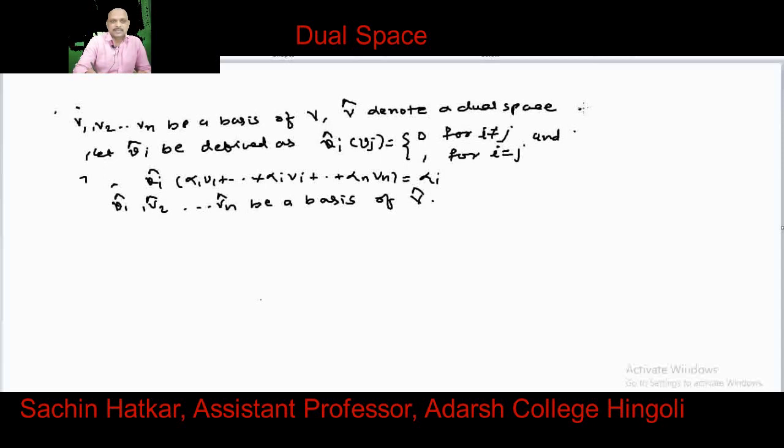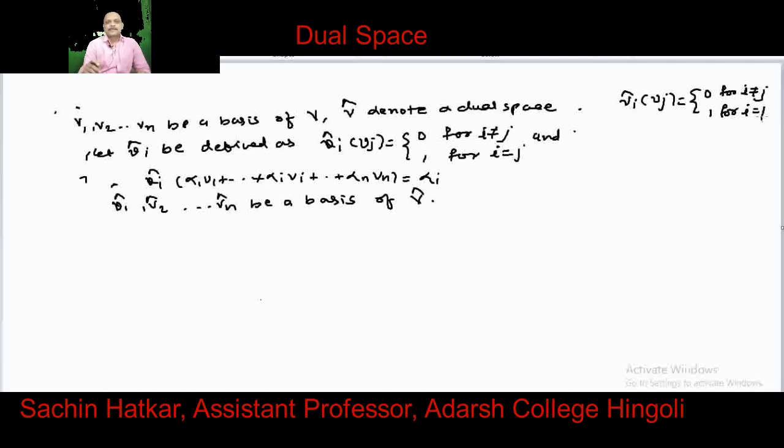Here, in short, to remember how Vi cap operates on Vj: it is 0 for i not equal to j, and it is 1 for i equal to j.